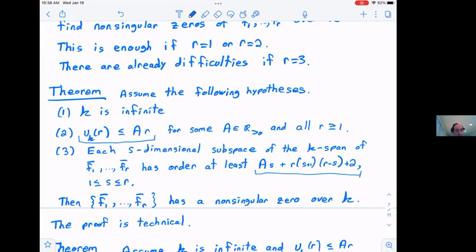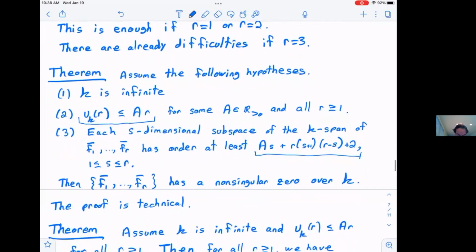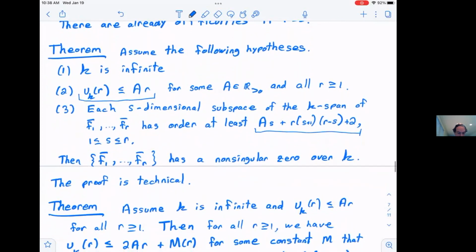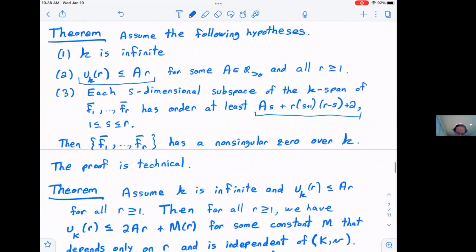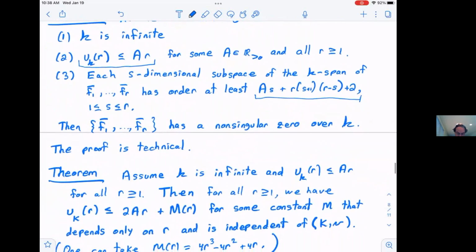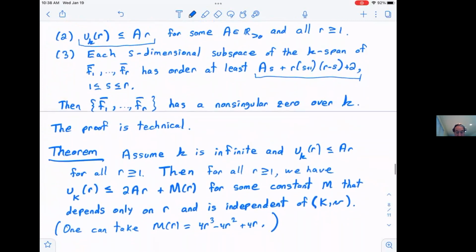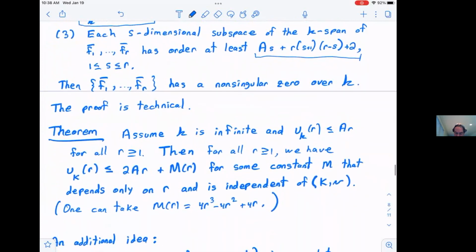Okay, so this is a way to know that there is a non-singular zero. However, as we'll see in just a second, this isn't quite good enough. What I'm able to prove from this is, assume, this is the same hypothesis, assume the residue field is infinite, and we have this linear growth of the U invariant.